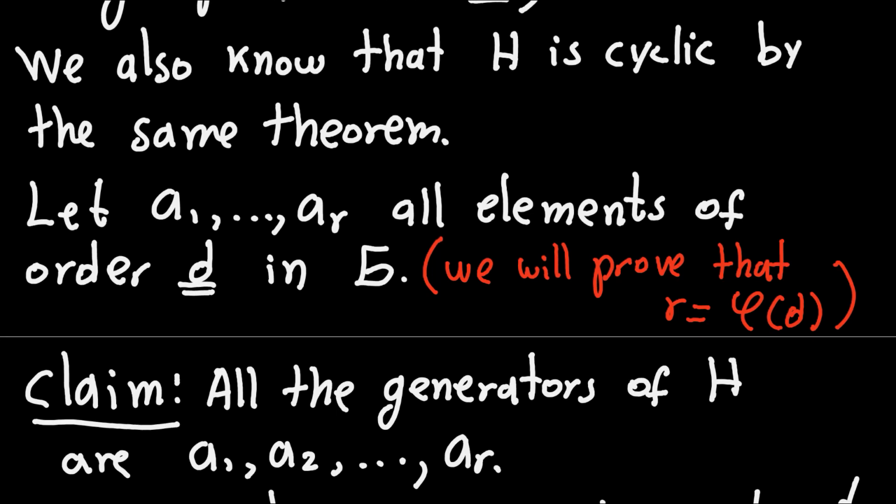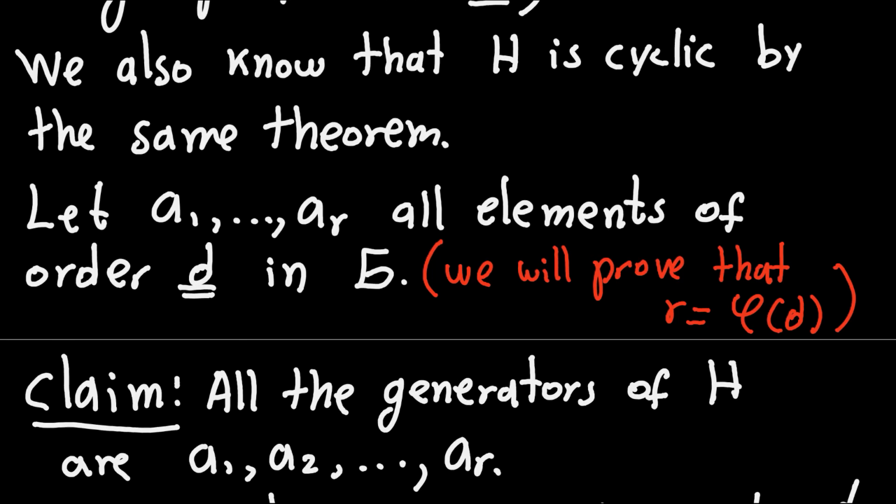One of the things that we're going to prove within this theorem is that all the elements of order D are actually the generators of H, the only subgroup of order D. So the only subgroup of order D has as generators all the elements of order D. That's not an assumption, that's something that we're going to prove here.